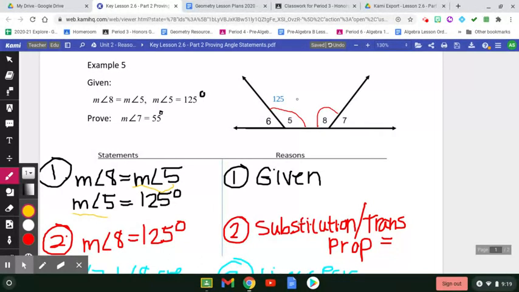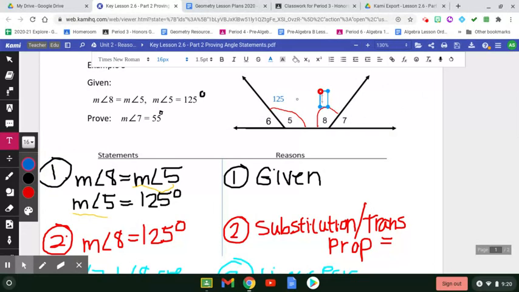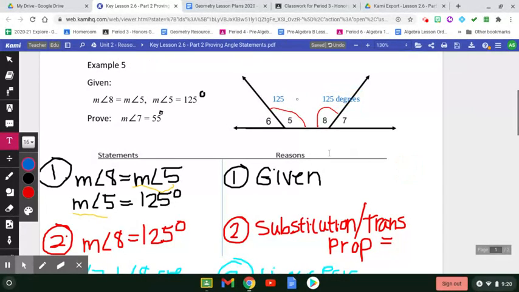People can also argue the substitution property of equality, because you're basically just plugging in 125 degrees for the measurement of angle 5. Either way, it works. So I'm going to put up here that I now know this is 125 degrees for the measurement of angle 8.